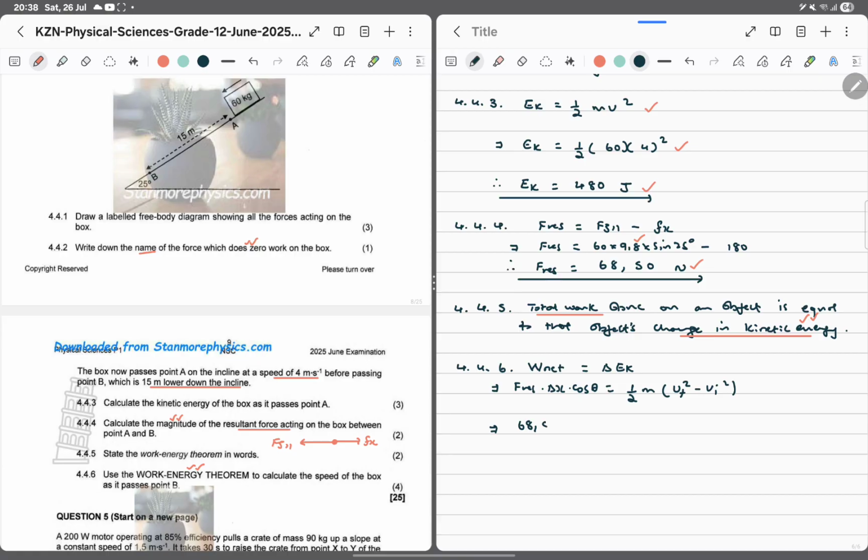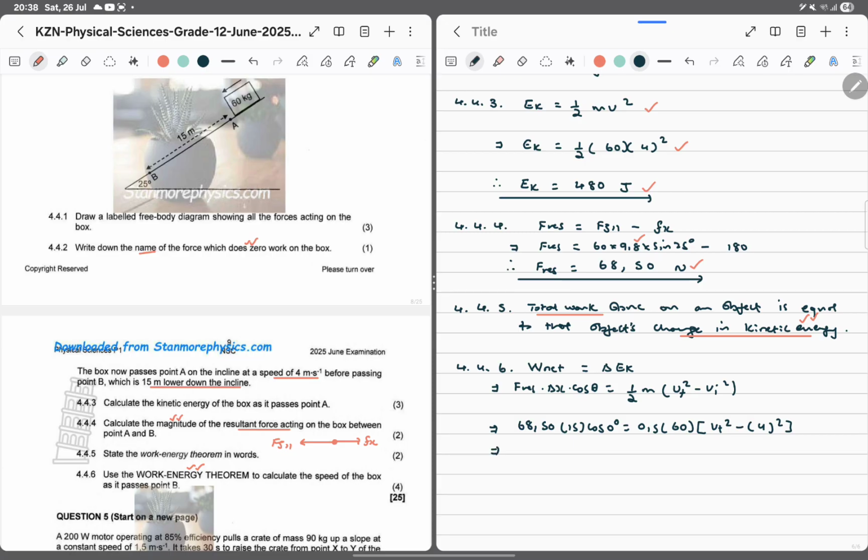So this is 68,50 times the displacement is 15 cos. Now the resultant force is downslope. So essentially this is going to be cos of 0 degrees is equal to 0,5. The mass is 60 times the final velocity is what we want minus the initial velocity, which is 4 squared.